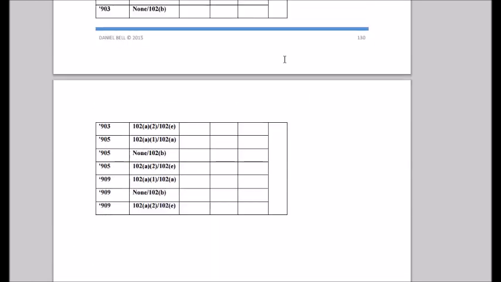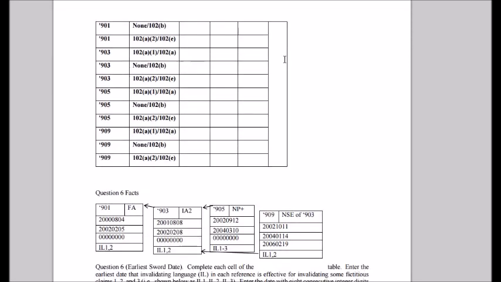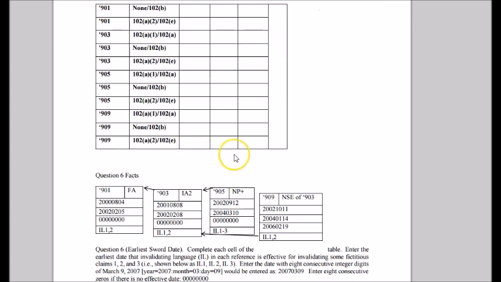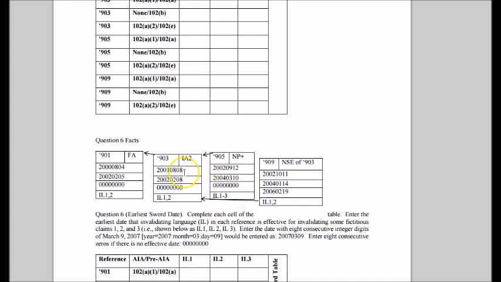And if you can see, each of these are questions with actual samples of swords, families, and how they're related. 903 claims to the 901, 905 to the 903, and the 909 claims to the 903 instead of to the 905. Here we have a national stage entry of the 903.